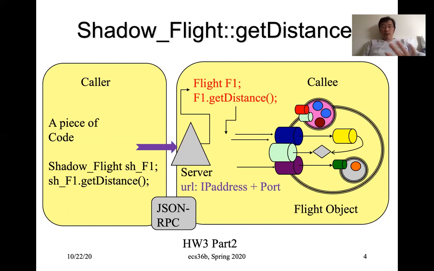Here is the conceptual representation of the code for both the server side and the client side. In the server side, you still need to create this Fly f1 object exactly like what you did for homework assignment number 2. This is an example of what the code looks like.